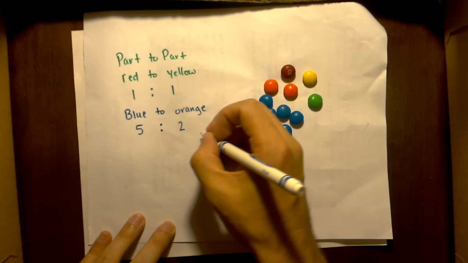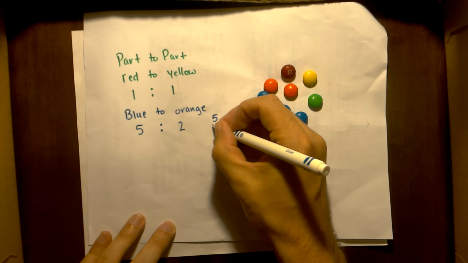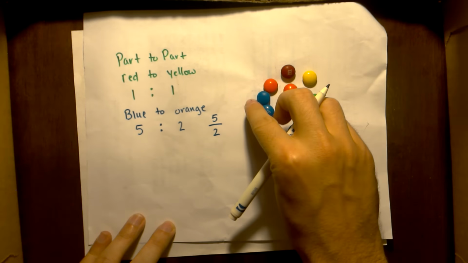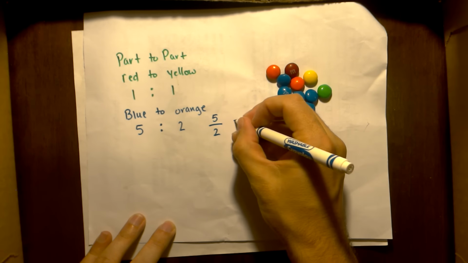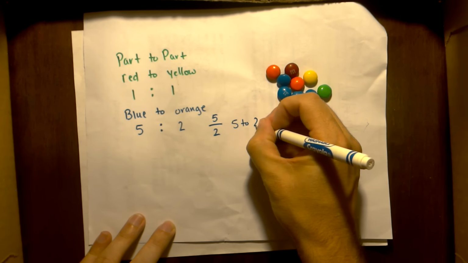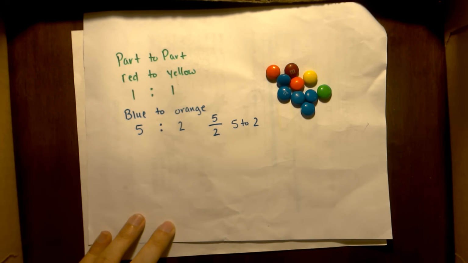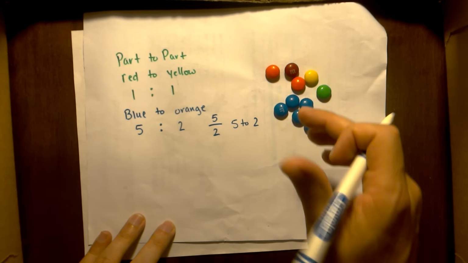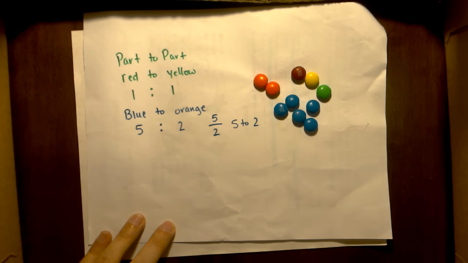I can write it as 5 over 2. I can write 5 blue for every 2 oranges. Or I could write 5 to 2. That would mean that for every 5 blue I find, I would find 2 orange ones. 5 blue for every 2 orange.